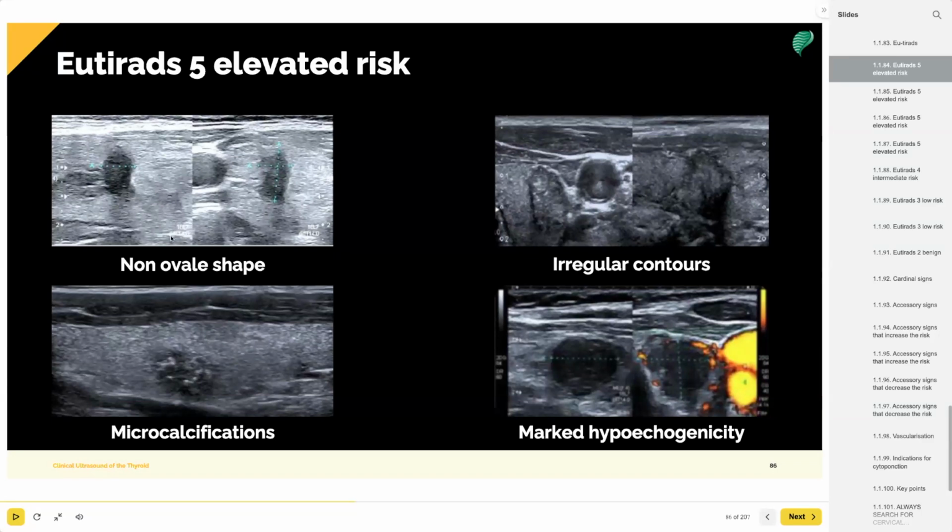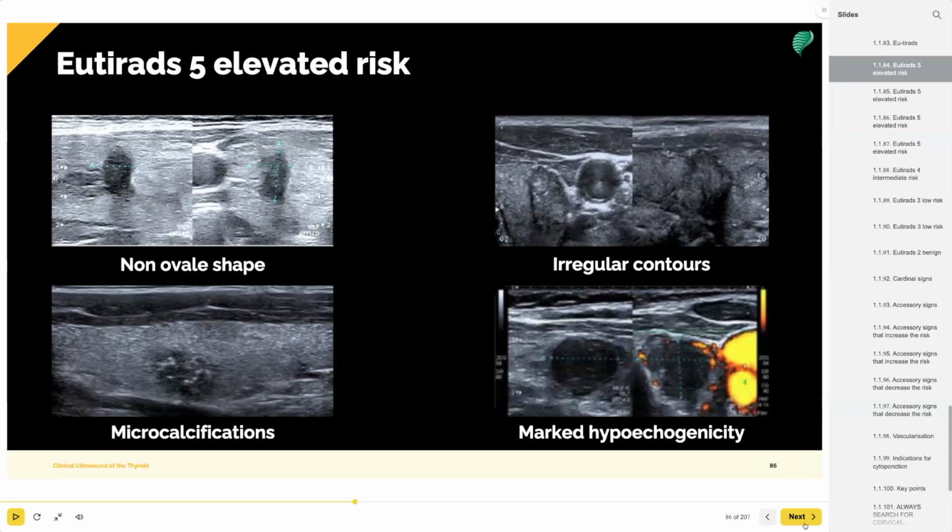There's also an image showing microcalcifications. Microcalcifications are solid structures that typically produce an acoustic shadowing.